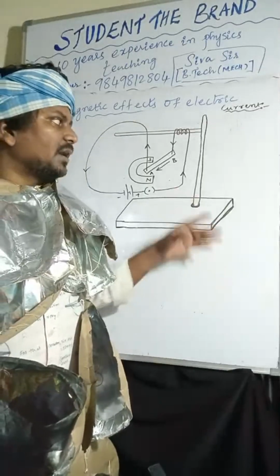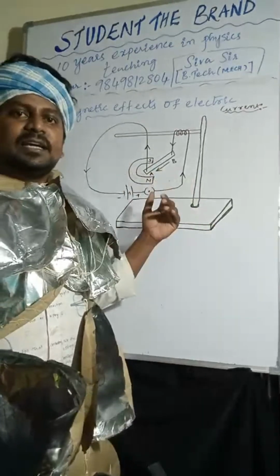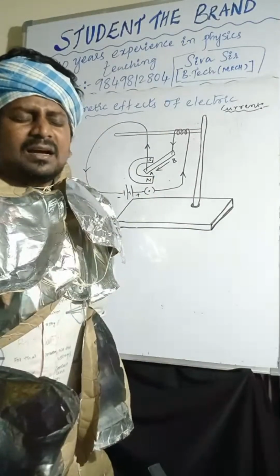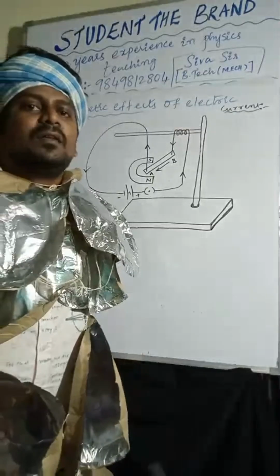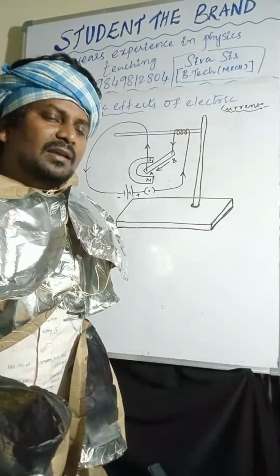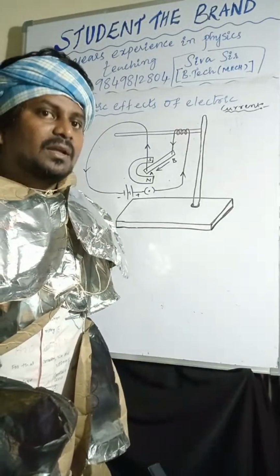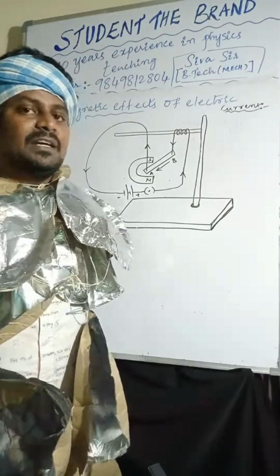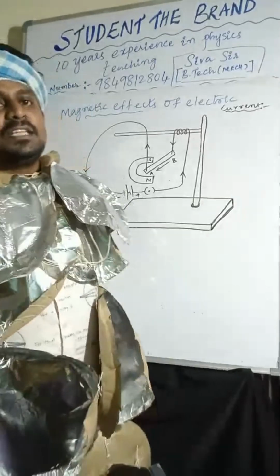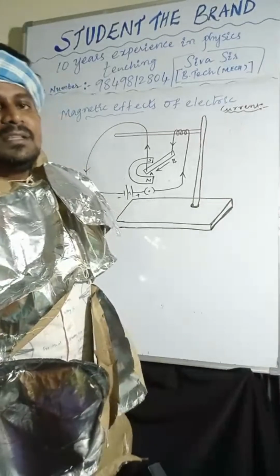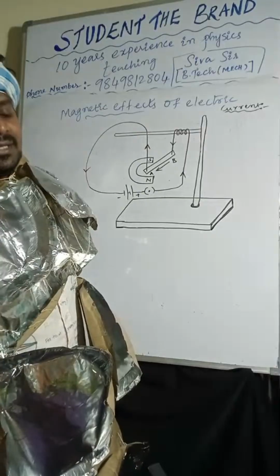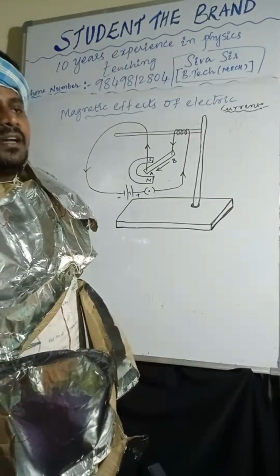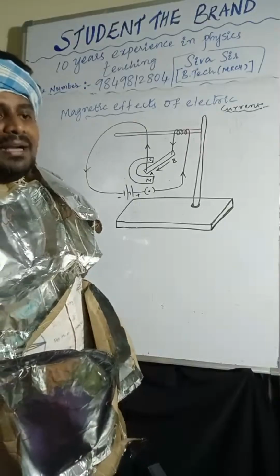So this is about a current carrying conductor placed in an external magnetic field experiencing a force. And earthing is nothing but whenever extra current is there, it will be sent to the ground. A fuse is a safety device which is connected to the circuit. Whenever extra current goes beyond the rating limit, it melts and breaks the circuit.